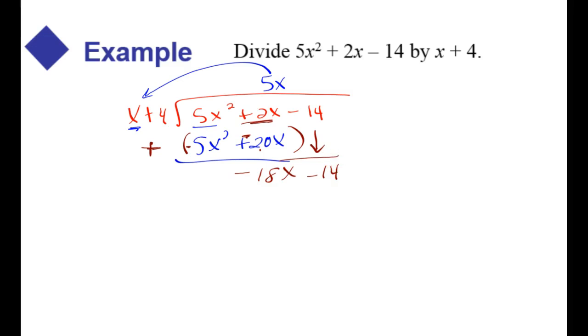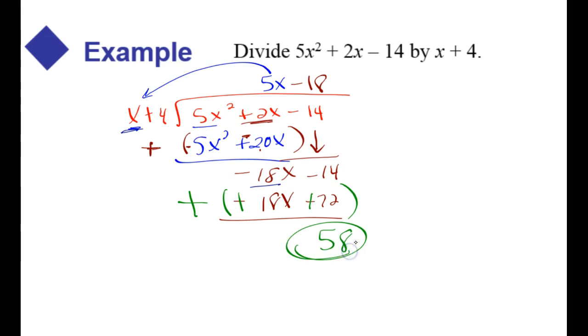And repeat the process. X goes into negative 18x negative 18 times, and negative 18x minus 72. If we subtract and add the opposite, I'll get a positive 58, which didn't come out even, so this is called the remainder, and I'll say plus 58 divided by the divisor x plus 4.